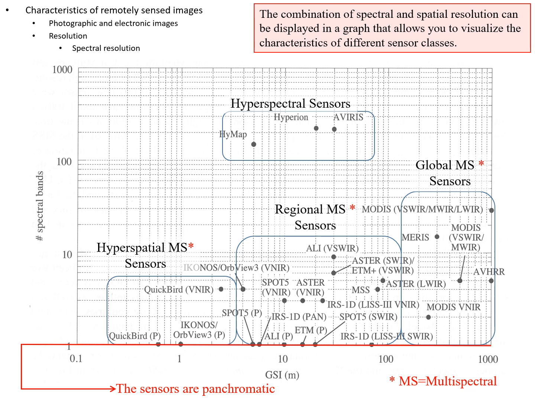To the left, along the bottom, you have hyperspatial or high spectral resolution multispectral sensors. And these include, there's a wide range of these days. So QuickBird, Iconos, Worldview, a number of these.